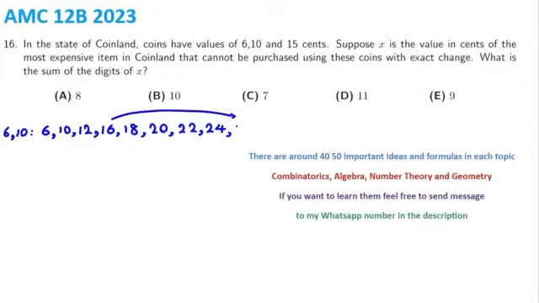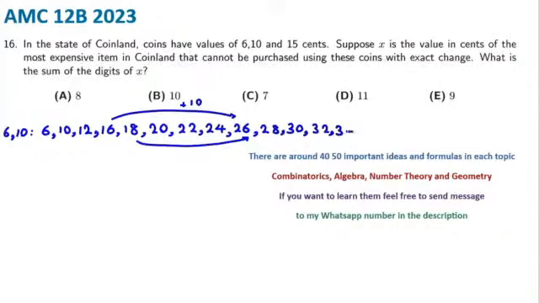From here, we have all even numbers. 26 plus 10, then from 18, 28. And 20 plus 10, 30. 22 plus 10, 32. 24 plus 10, 34. 36, and so on. We have all even numbers.